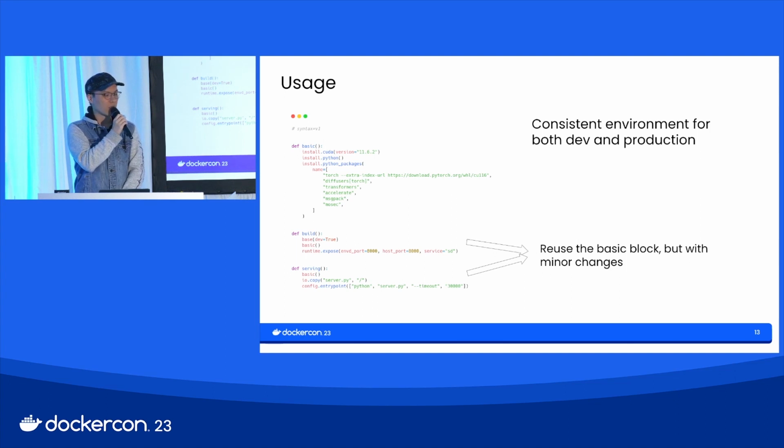Here, the upper function defines the core dependencies, like Python packages that are unified in both dev and production. In the dev image, you can declare more tools you need, and for the serving image, you can just remove them, define something different, or define the entry point so the serving image can run out of the box.